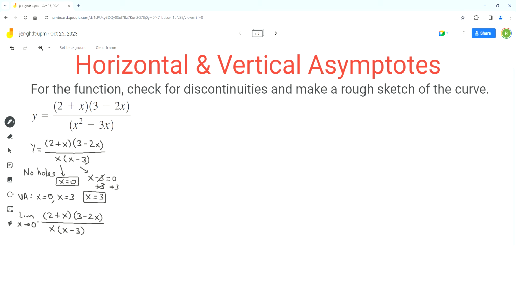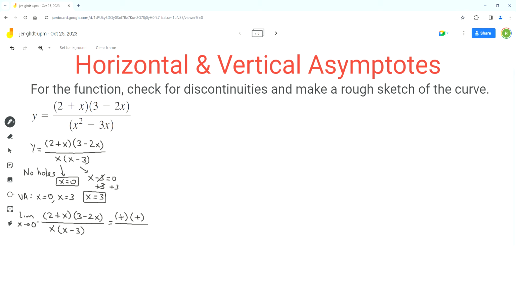Now we are not interested in the value of the limit. We want to know whether this limit gives us a positive or a negative result. So for that we'll have to use a test value to the left side of 0 but very close to 0, like negative 0.1. If we sub in x as negative 0.1, the first expression 2 plus x becomes positive, and from the second parentheses we'll again get a positive result because 3 minus 2 times negative 0.1 will become 3 plus 2 times 0.1.